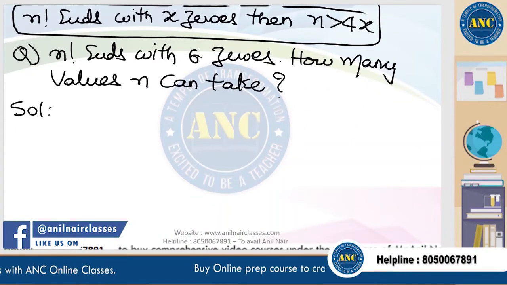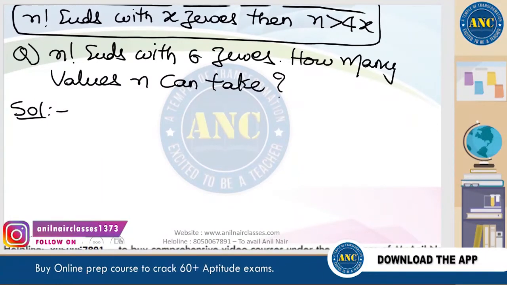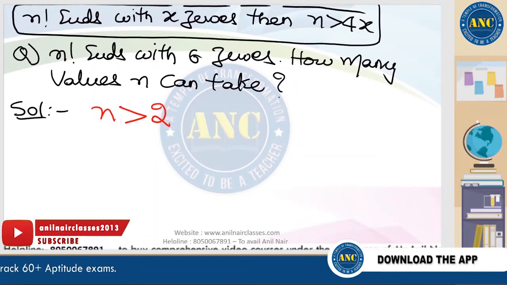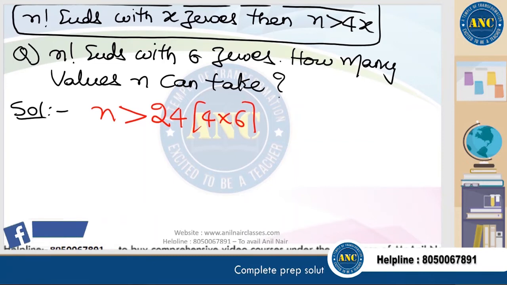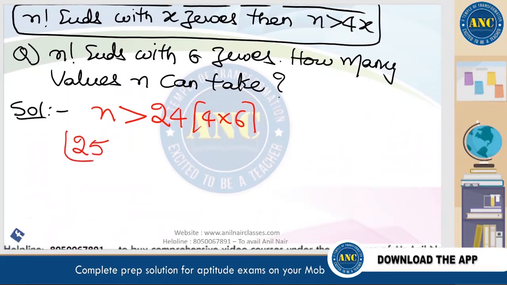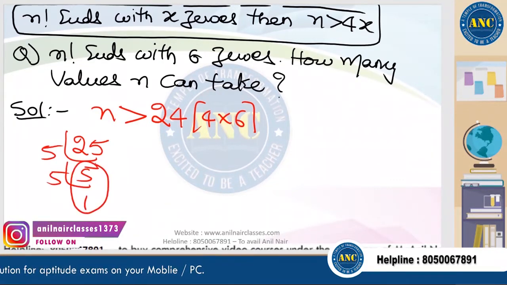Directly you can solve the question by using this notation. What is the notation? N factorial ends with x zeros, n should be greater than 4x, which is 4 into 6, 24. Check for the next multiple of 5 greater than 24. If I take 25, 5 5s are 25, 5 1s are 5, 5 plus 1, 6.